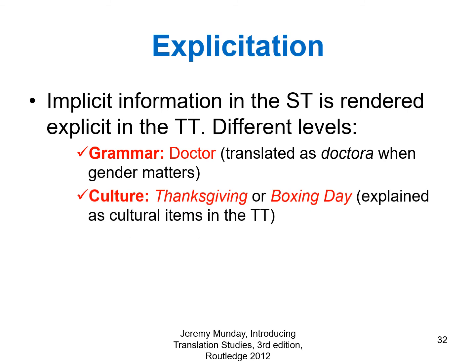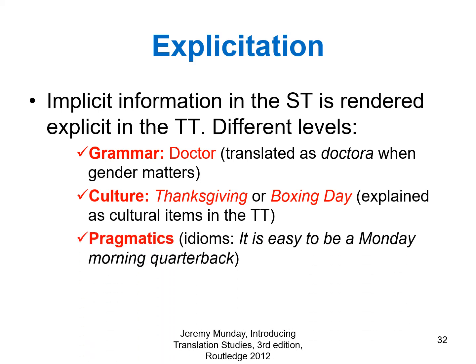There's a cultural level of explicitation. Thanksgiving, Boxing Day: if we take those terms and explain them as cultural entities in the target text, we not only translate Thanksgiving as Acción de Gracias, but we can explain what it is. That's explicitation. At the pragmatic level, we take idioms and explain them, and we make them more explicit or clearer in the target text.